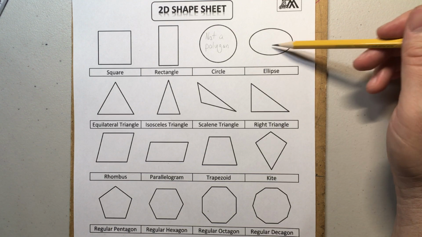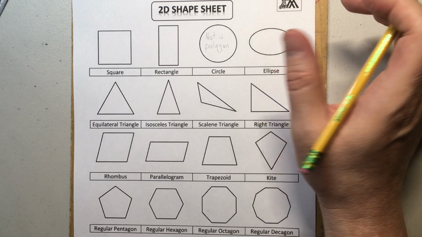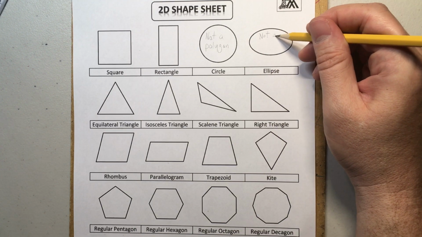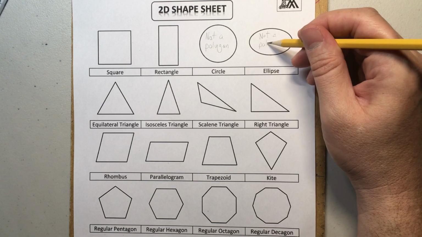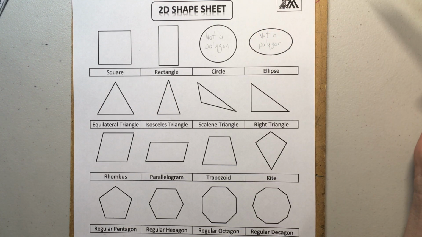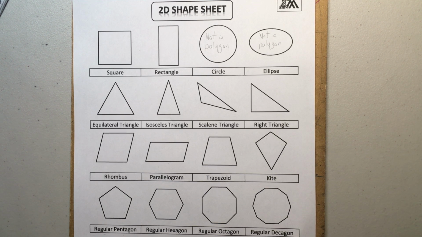These would not stand. This ellipse here would probably rock back and forth like that, and you've seen that before. So once again, these are not polygons, even though they're 2D shapes. Let's try to remember that stuff.